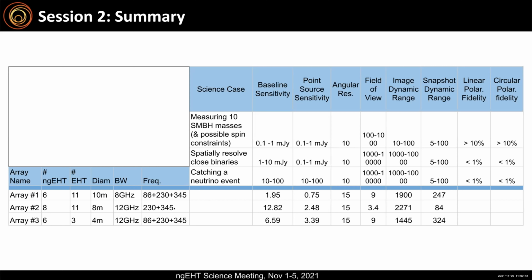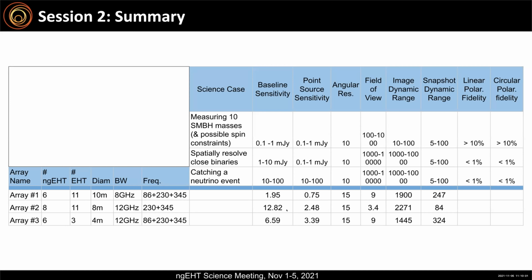And then there is a significant jump when you go to 235, even if you have more antennas, and in this case, the sizes of the dishes are a bit smaller, but the bandwidth is significantly larger. So this should be something that helps a lot in baseline sensitivity.